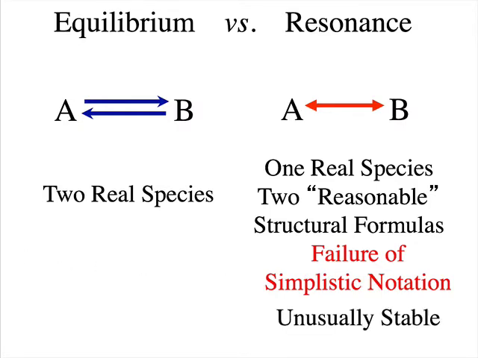Usually, molecules that have multiple resonance structures are unusually stable. That is an interesting kind of coincidence, maybe, that whenever we can draw more combinations of electron distribution, we end up with more stable structures. So we're going to use that a lot as our guide.